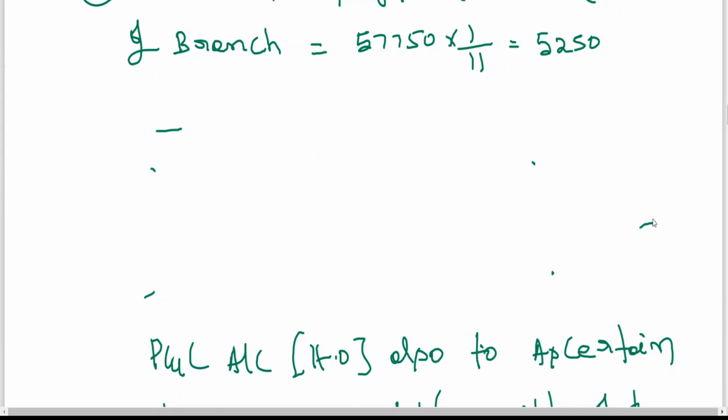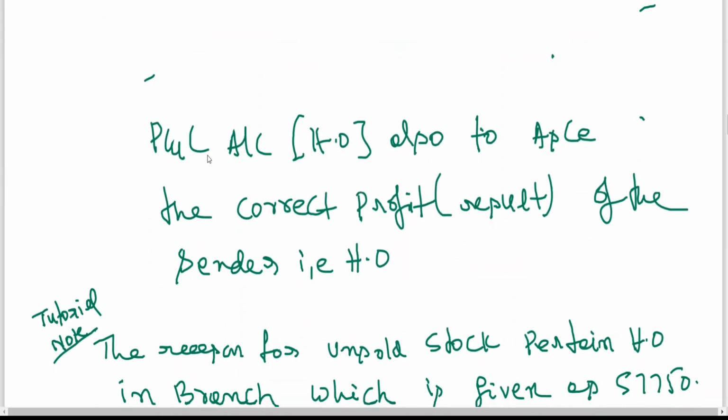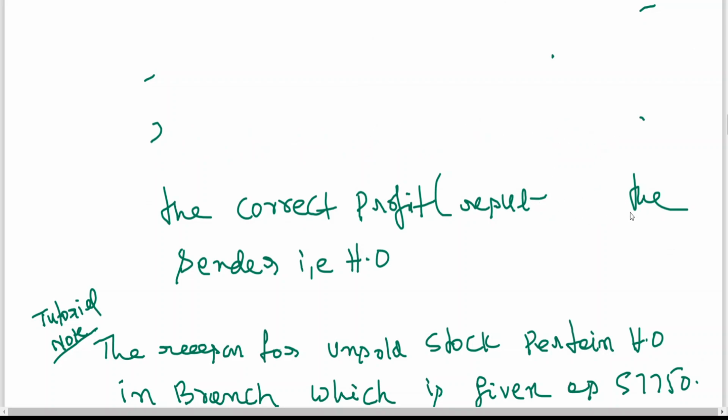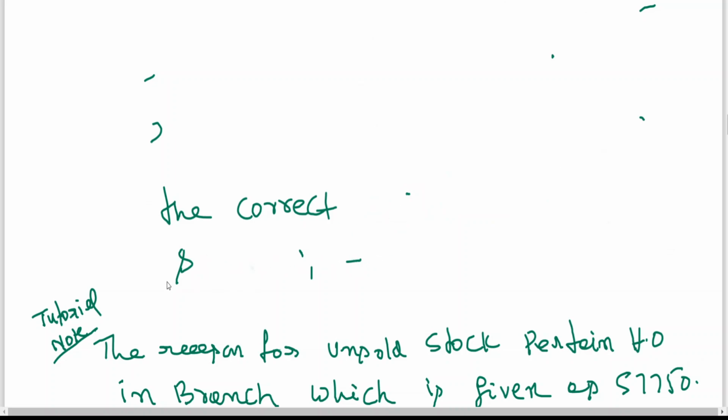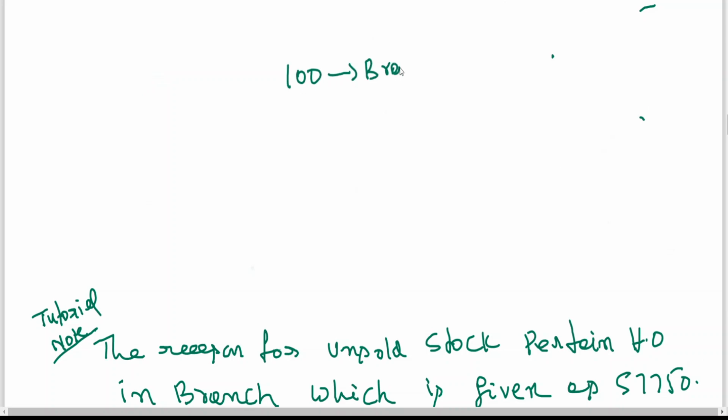So now the concept is, if anybody still has doubts, sir, whether goods have been destroyed or goods are with the branch, on both goods, in simple words, 100 rupees sent by head office to branch. 100 rupees with 20% profit, yes, assume. So 100 rupees is the invoice.